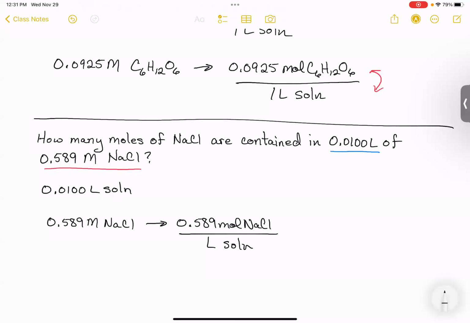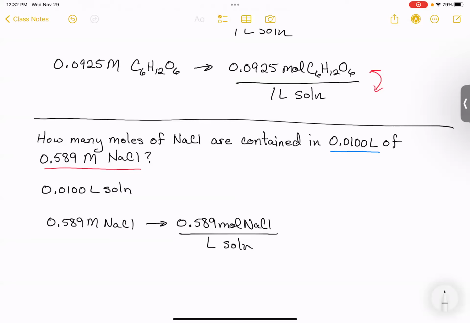Now this next statement is important. When I am performing a calculation, if at all possible, I start with a piece of information that has only one unit associated with it.